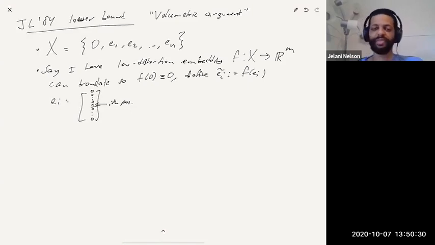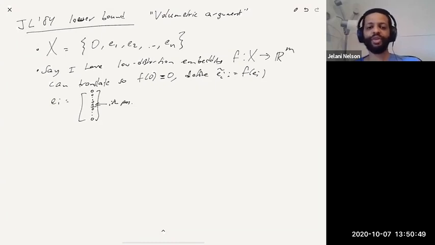Okay, so what's the picture here? Originally, all the eis have unit norm, and their pairwise distances are the square root of 2.